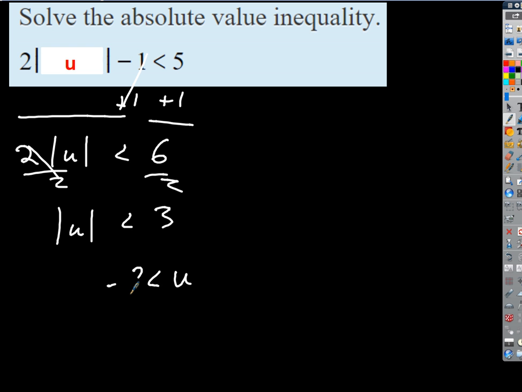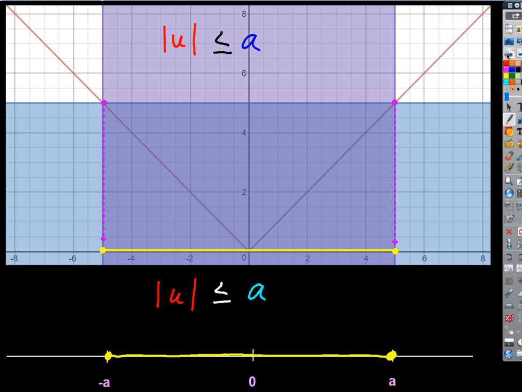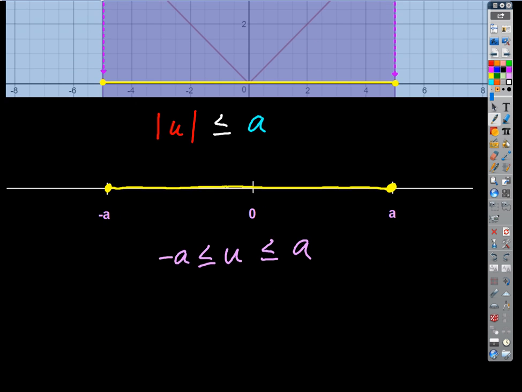Negative 3 and less than positive 3, right? That's the pattern. If u is less than or equal to a, then u is greater than or equal to negative a, that was a 3 for us, and less than or equal to positive a. That was a 3. So those became 3s, right?